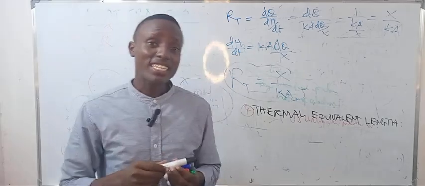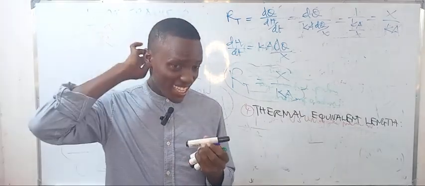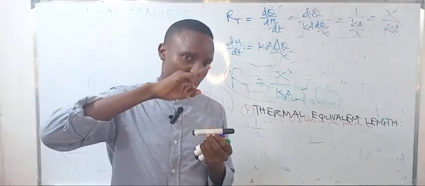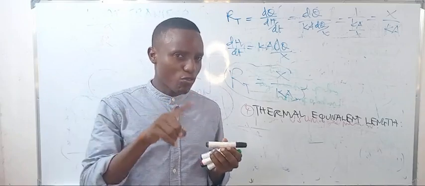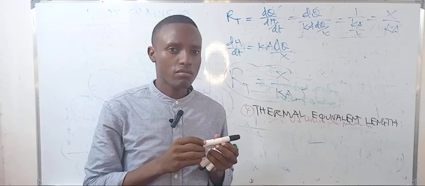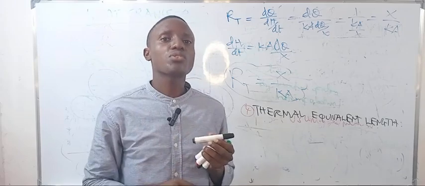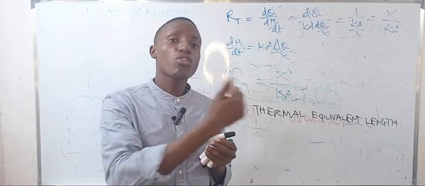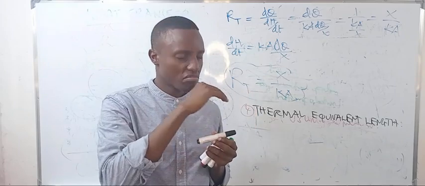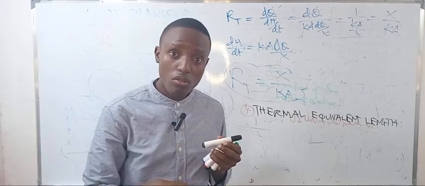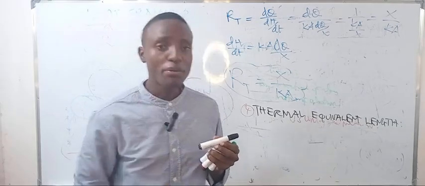Conductors are good conductors. They tend to allow the passage of heat through them easily, so the rate of flow through conductors is very high. How about insulators? The rate of flow of heat through them is bad and small.